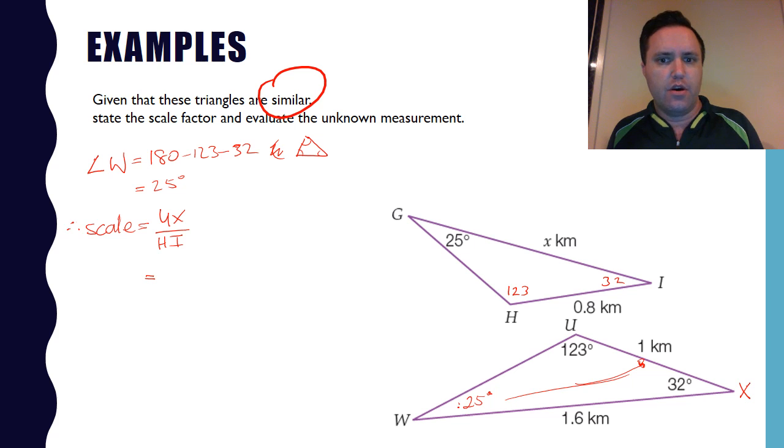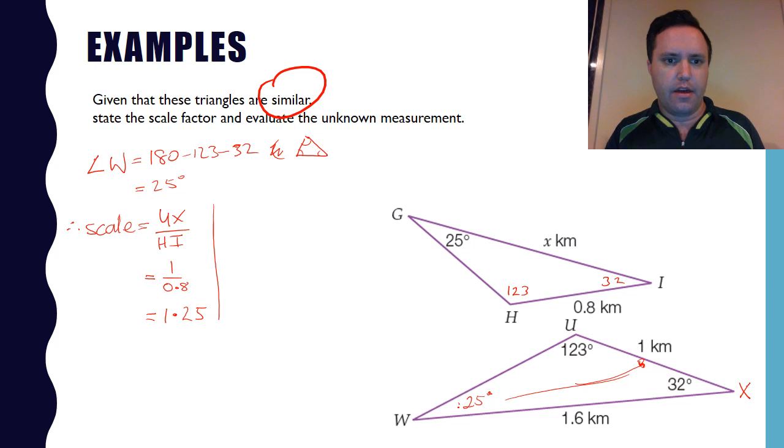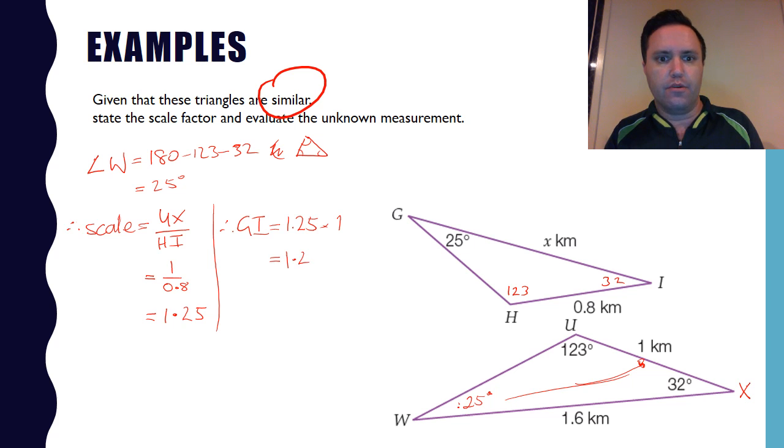That is 1 over 0.8, and that's going to be equal to 1.25. Therefore GI is equal to 1.25 times 1, which is 1.25 kilometers. We'll probably state it as x, therefore x is equal to 1.25 kilometers. So that's how we go about that.